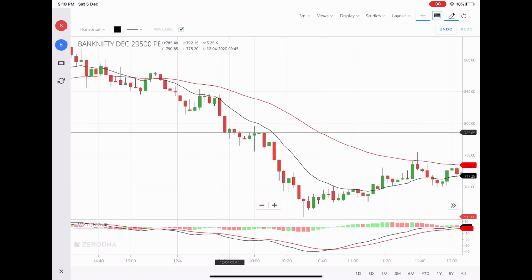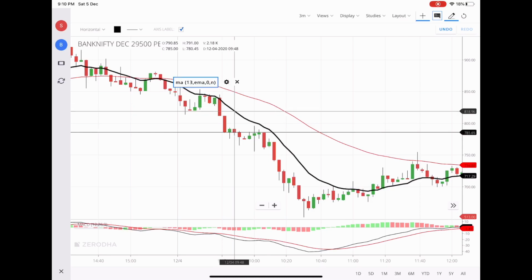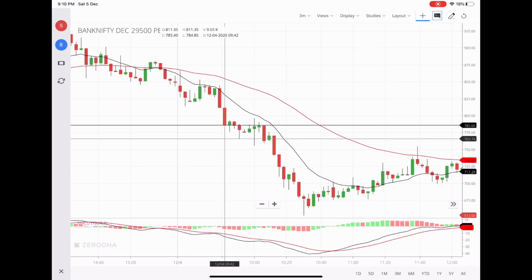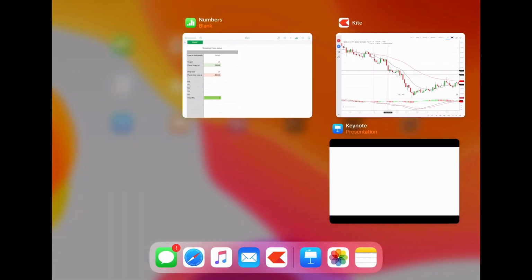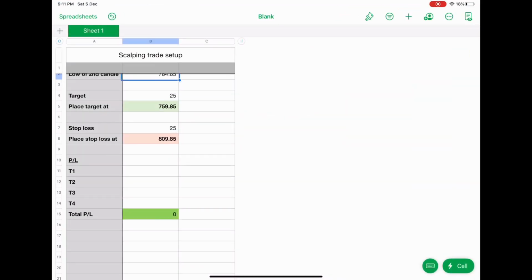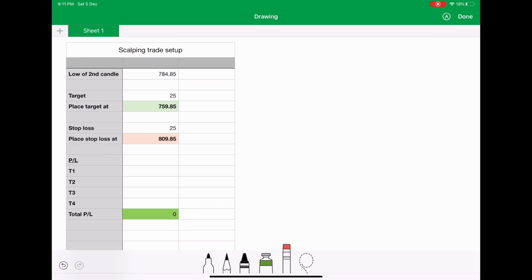Okay, so let me mark this. The low of this candle is 784.85. The target is 25, so if you subtract 25 from this 784.85, you'll get the target.